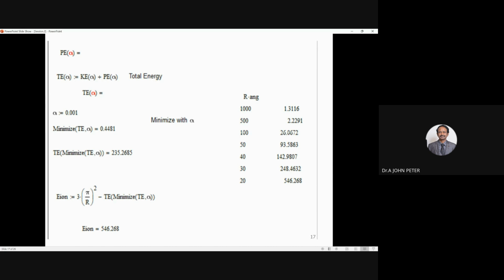Confine the quantum dot. When you confine the quantum dot, it becomes 500. Again, you are reducing the radius. You are reducing the distance. It means you are confining. If you confine more and more, energy automatically should increase. No other way, because of the confinement restriction.